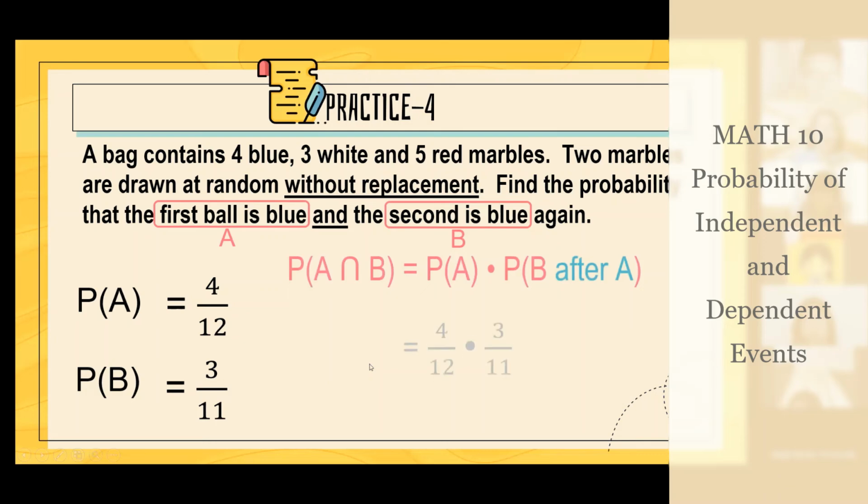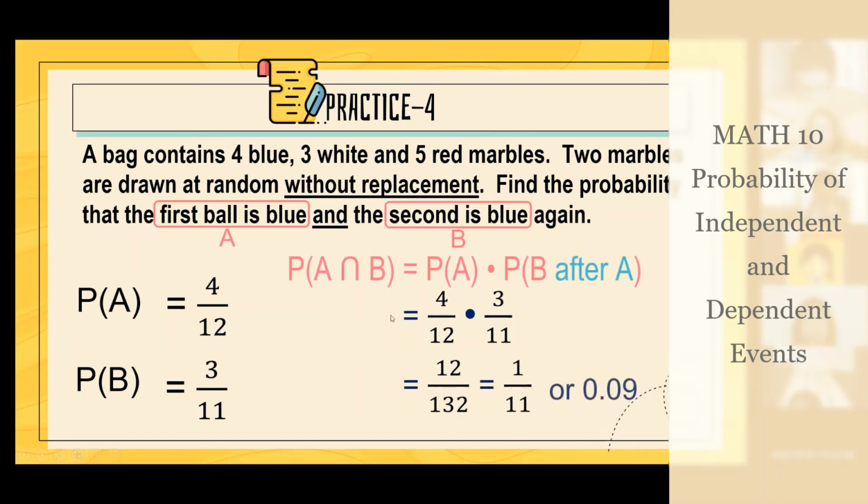So multiply 4 over 12 times 3 over 11 will give us 12 over 132, lowest term 1 over 11. And then decimal up to 2 places is 0.09. Did you get it correctly? Yes. Majority of you got it correct. 1 over 11 or 0.09.